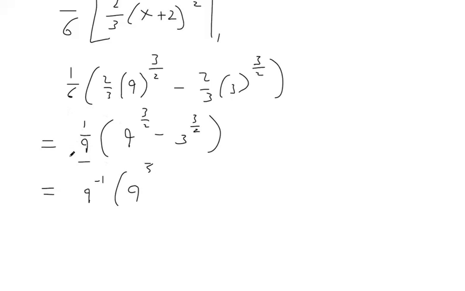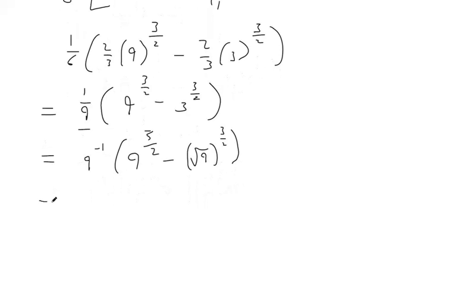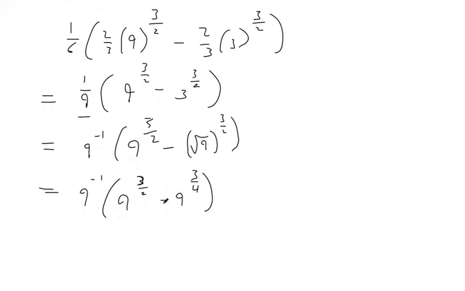It might have accepted this answer that we just wrote up above WebAssign, but this is square root of 9 to the 3/2. Okay, and then powers on top of powers multiply. This is now 9 to the 3/4 because 1/2 times 3/2 is 3/4.